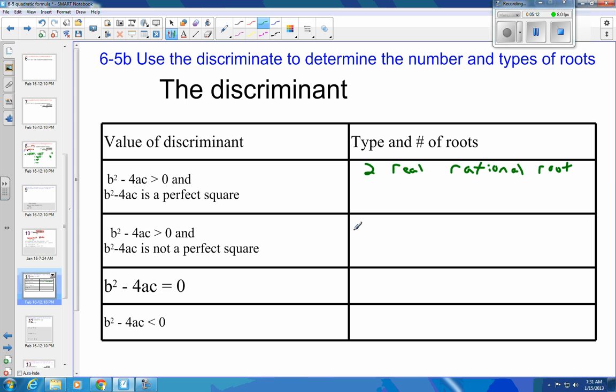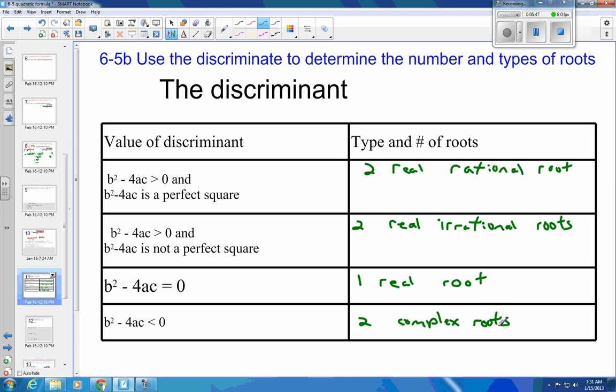If it is greater than 0 and not a perfect square, you end up with 2 real irrational roots. If it's equal to 0, you get 1 real root. And if it's less than 0, you get 2 complex roots.